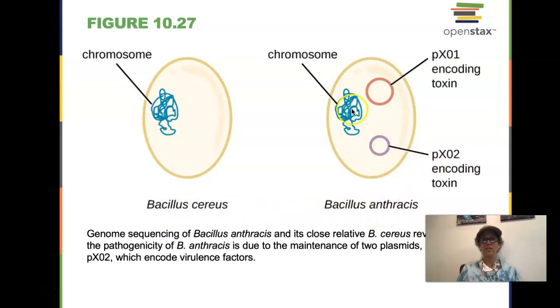Bacillus anthracis has the chromosome, but it has two other pieces of DNA called plasmids. One plasmid encodes a specific toxin, and the second one encodes a different toxin. Bacillus anthracis causes anthrax. And these plasmids encode the genetic information for making toxins. Those toxins are called virulence factors, the capacity to cause severe illness.